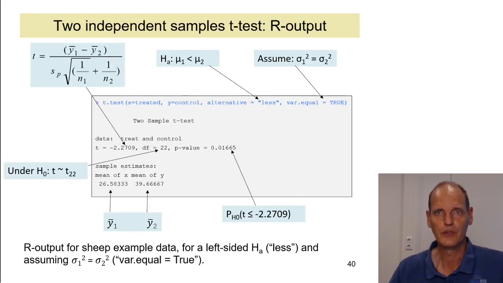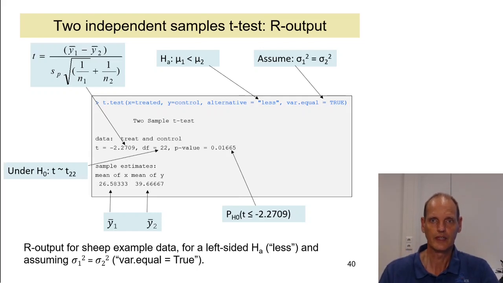In general, what do you see in the R output? Here, t-test, x is treated, y is control, alternative is less, var dot equal is true. We find the outcome of the test statistic, minus 2.27. We find the degrees of freedom and the relevant p-value, and this p-value is attached to this alternative, less.